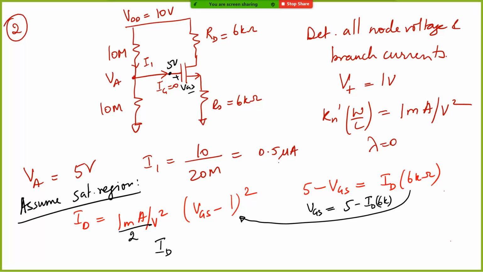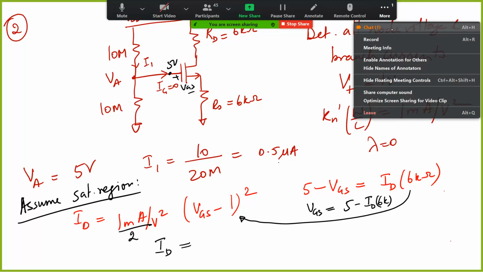What are the two possible values of ID? So anyone has got an answer?